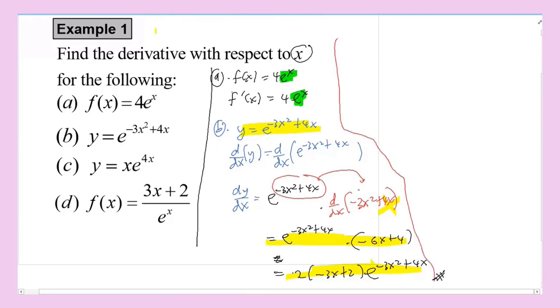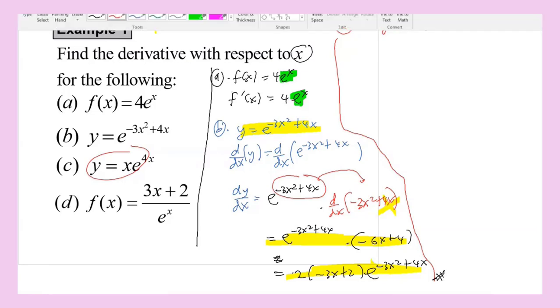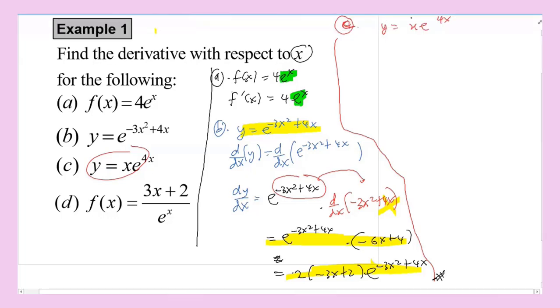Ni for C. Okay, so differentiate y is equal to x e power 4x. This one kalau check betul-betul means that x times this one. These two functions involve two functions. This one consider u v.